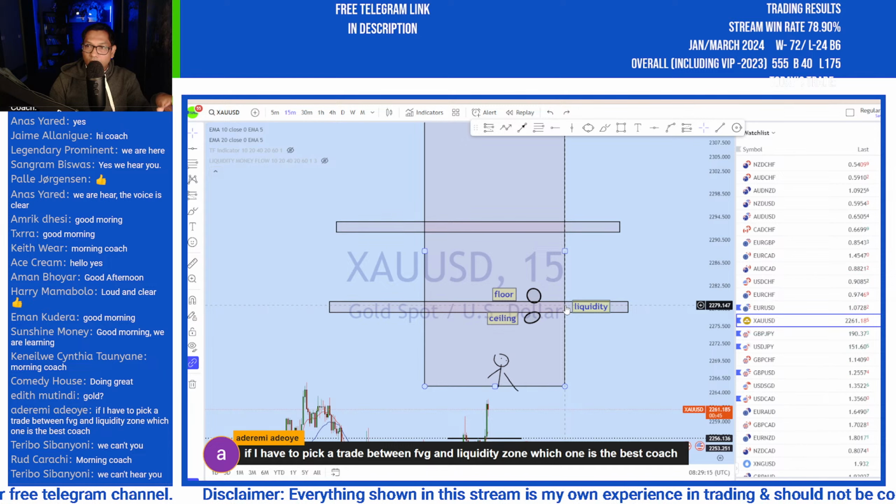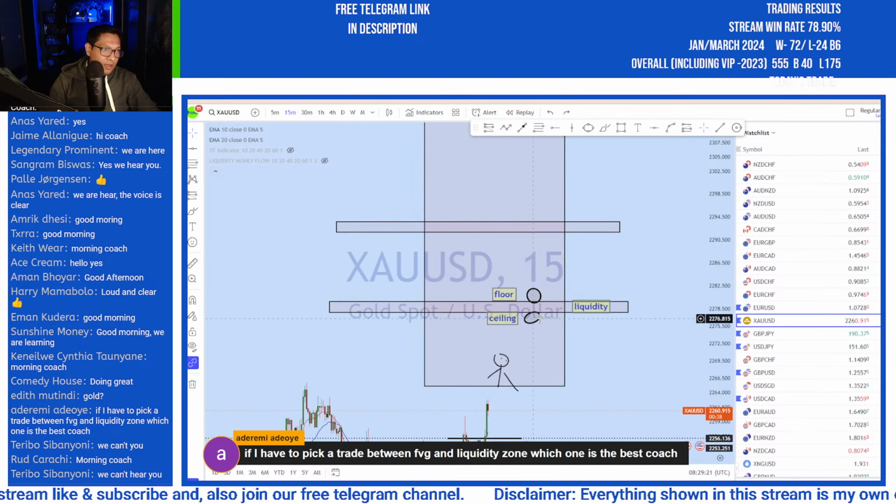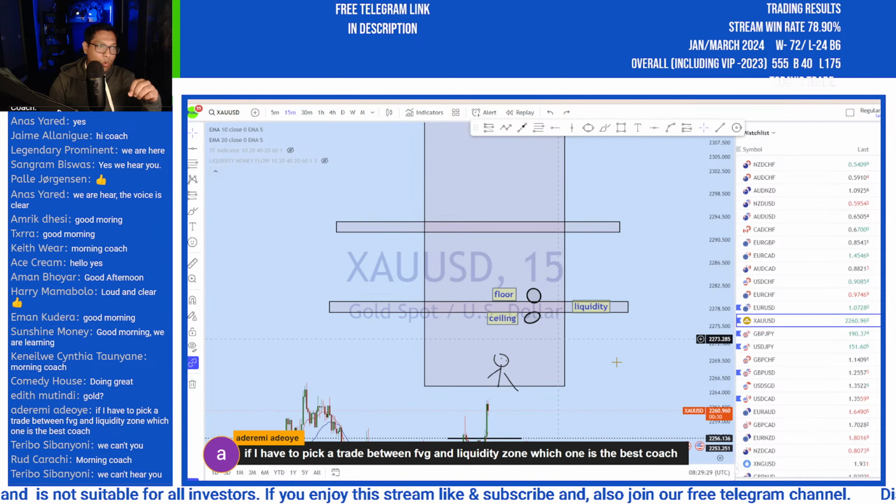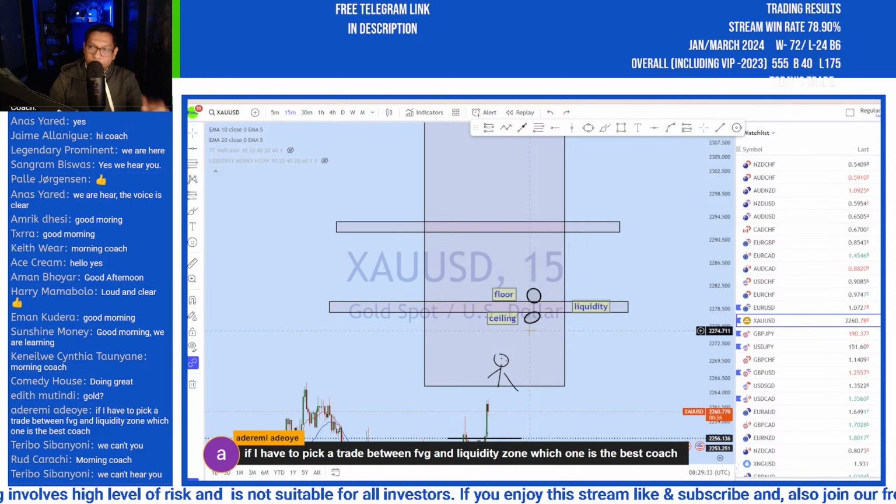So you need to do it based on what others are doing, and what others are doing is determined by the candlestick pattern, or the price action will tell you how this level is being interpreted by the other traders.